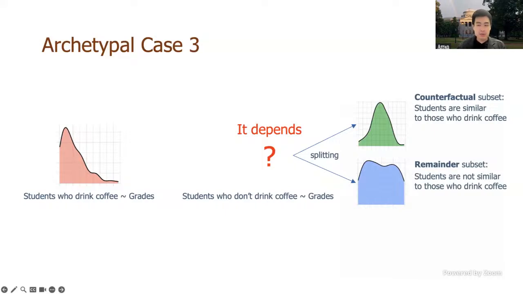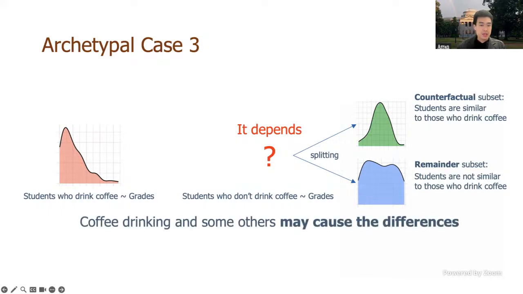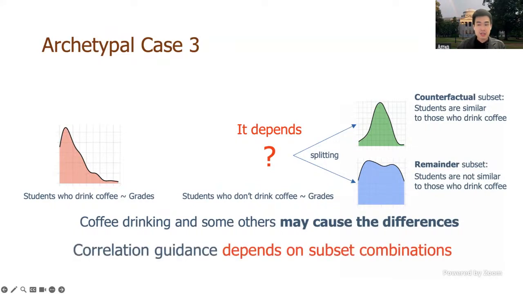Here, comparing the result, counterfactual guidance could tell us both coffee drinking and some other dimensions may cause the differences of students' grades. However, as we mentioned earlier, the results of correlation guidance could depend on how the 2 counterfactuals and remainder subsets combine together. And it may either lead to similar results of counterfactuals or not.